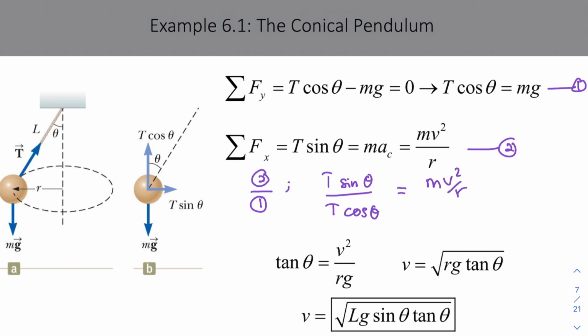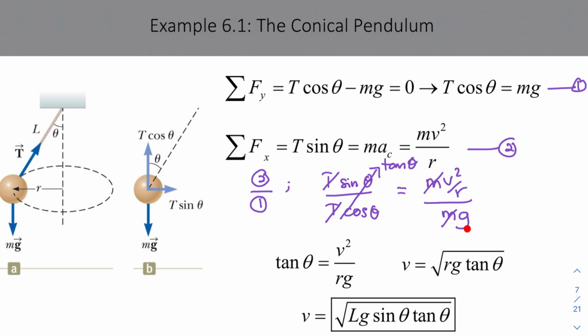This is for equation 2, over equation 1, which is mg. So the m here can be cancelled out, the T here can be cancelled out, and sin theta over cos theta is equivalent to tangent theta. That is why we are left with this: tangent theta equivalent to v squared over rg.